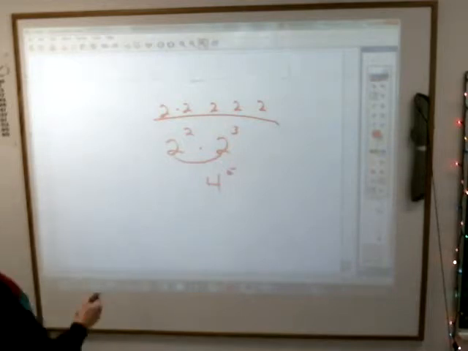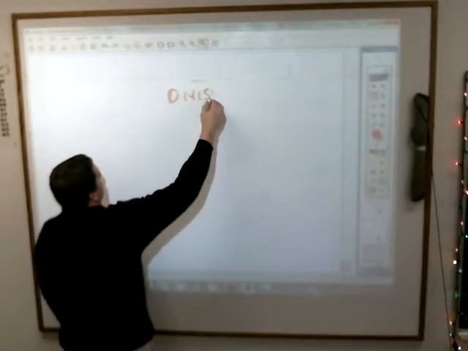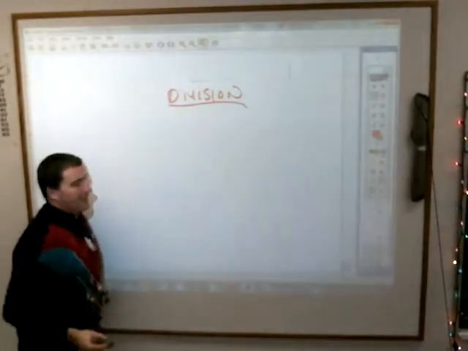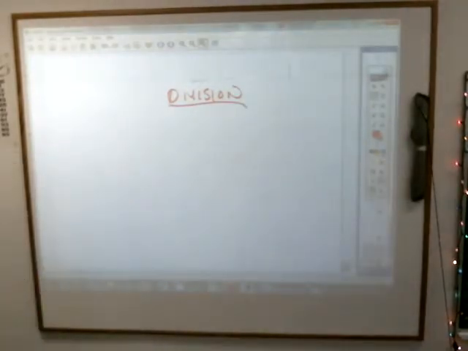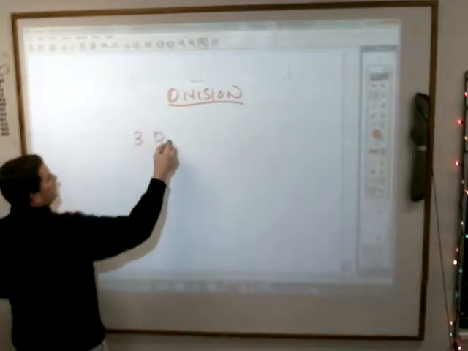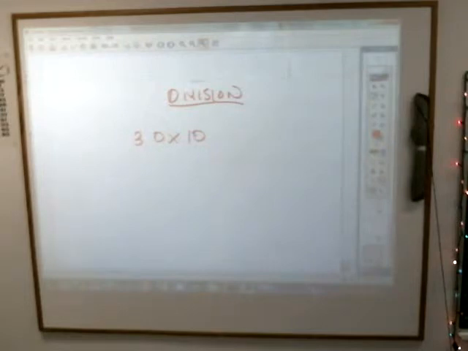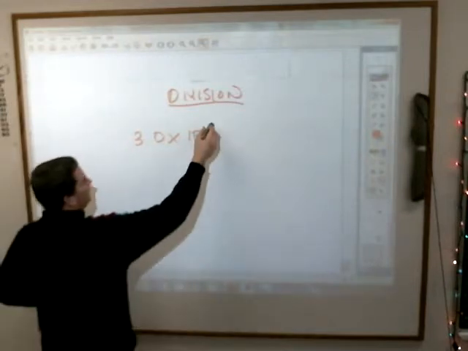Now, we haven't got to the more fun and exciting thing of division. But division really is no different. It's going to be basically the same thing. Let's do this one. 3.0 times 10 to the 8th power, divided by 4 times 10 to the 4th.